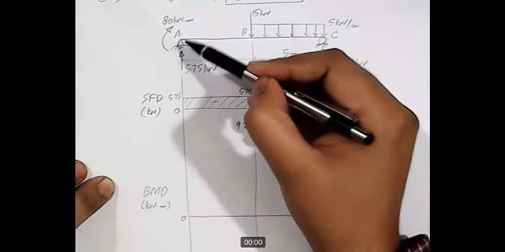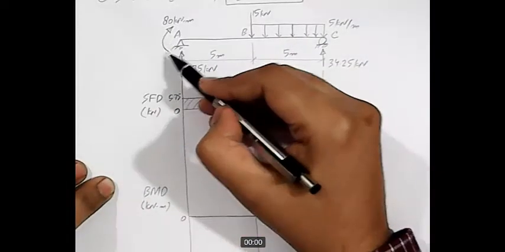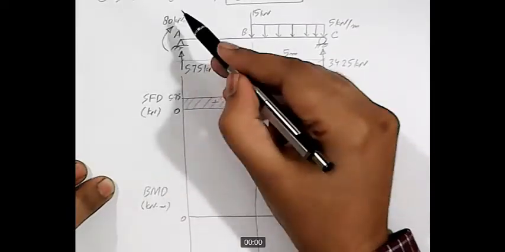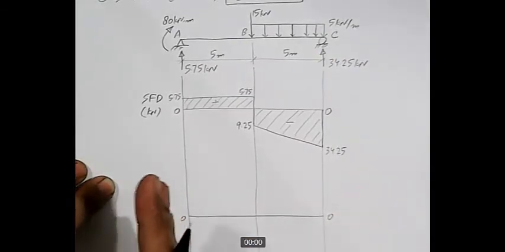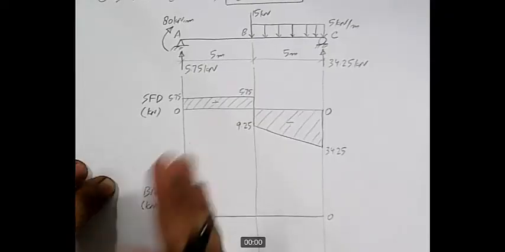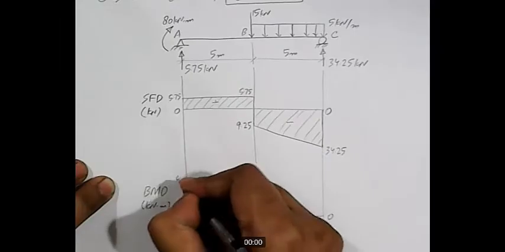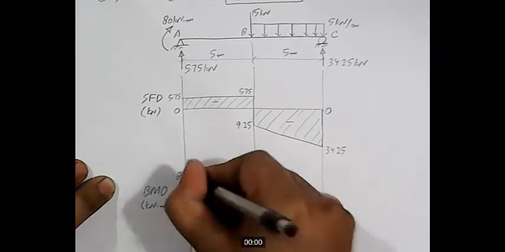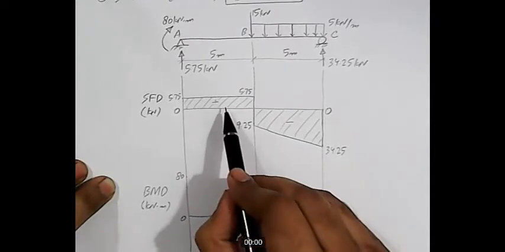At point A, an 80 kilonewton meter moment is acting, and this 80 kilonewton meter is in clockwise direction. So according to our convention, as we are drawing from the left side, clockwise moment is positive. So we reach at positive 80 kilonewton meter.